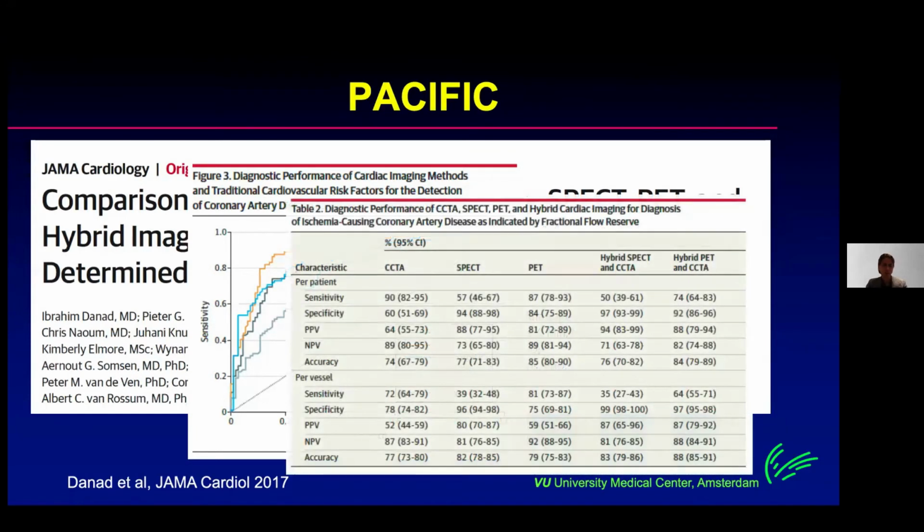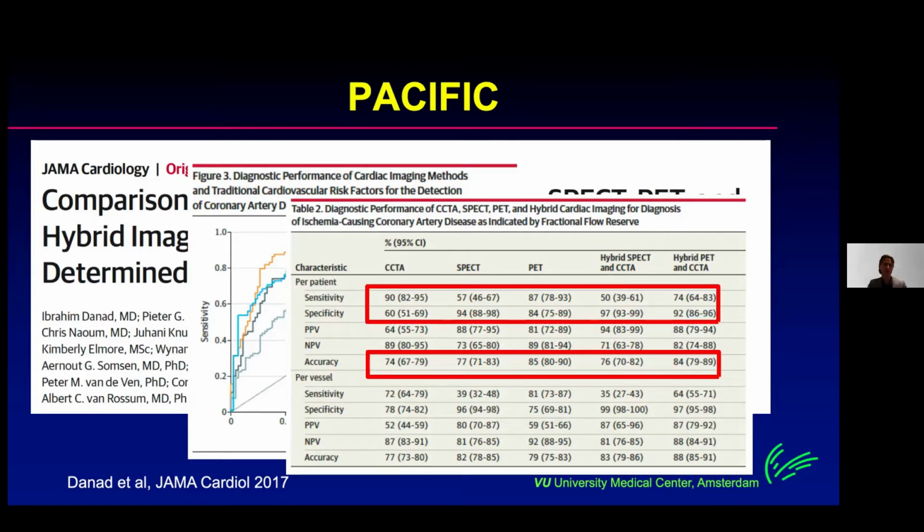But the most important thing is that the accuracy of CT and SPECT were the same, around 75%. But more important is that the hybrid combination of CT and/or SPECT with an anatomical feature did not increase the diagnostic yield.